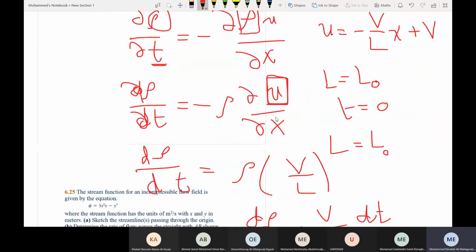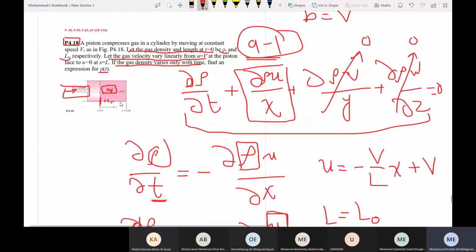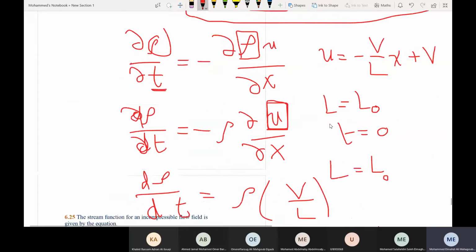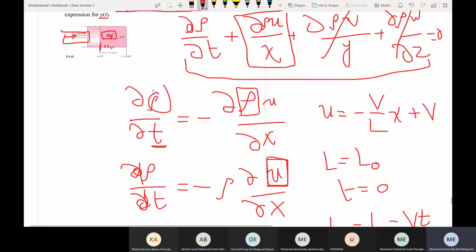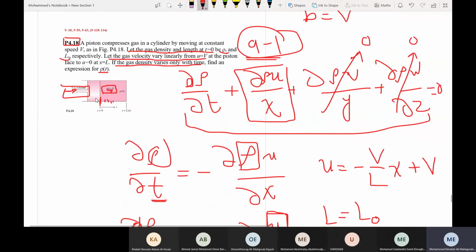And then it decreases, because L decreases with time. If I move the piston, the L will decrease. So it is minus the compression velocity multiplied by time.